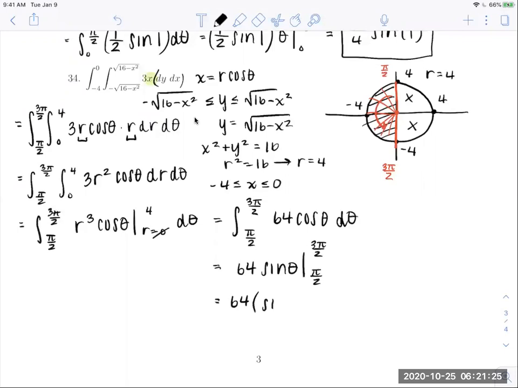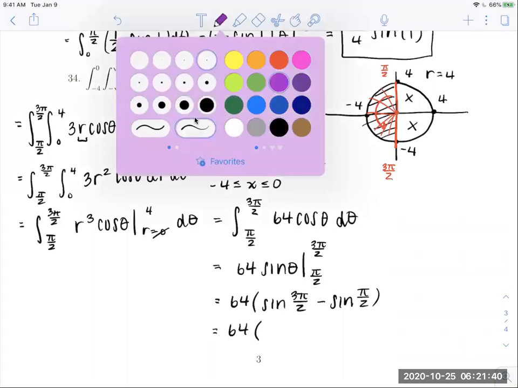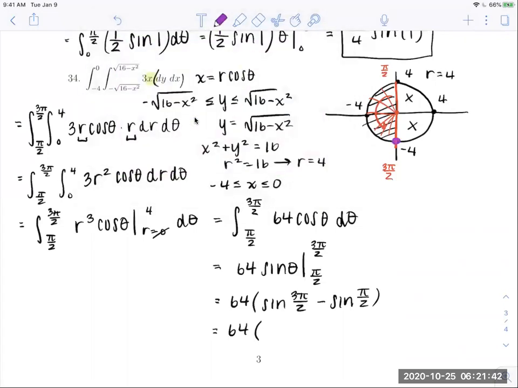So that's 64 times sine of 3 pi halves minus sine of pi halves, which is 64. Sine at 3 pi halves, so let me grab a different color here. We're looking down here, and now this is a circle of radius 4, but if it were radius 1, we would be at 0, -1.